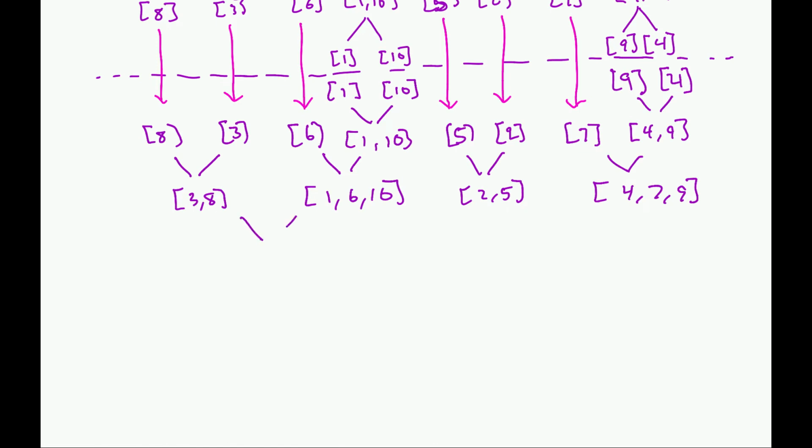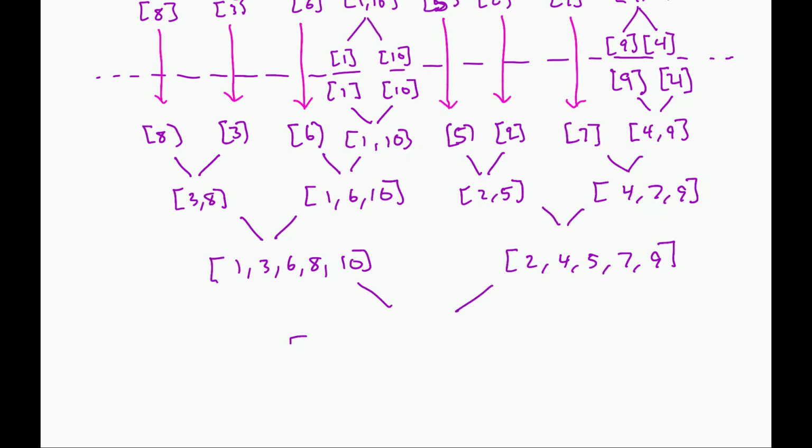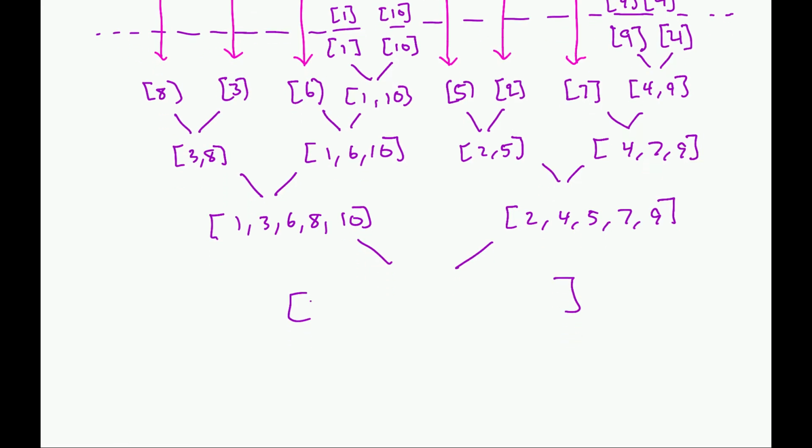Then these two combine. We're going to have a 1, 3, 6, 8, 10. These two combined, we're going to have a 2, 4, 5, 7, 9. And then finally, we combine them into one more sorted list: 1, 2, 3, 4, 5, 6, 7, 8, 9, 10.